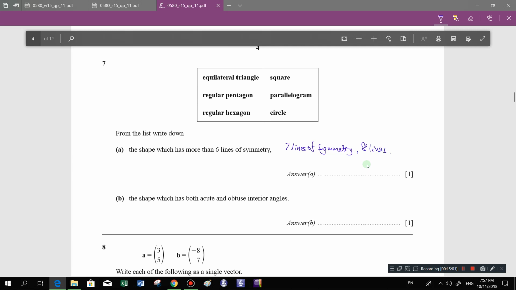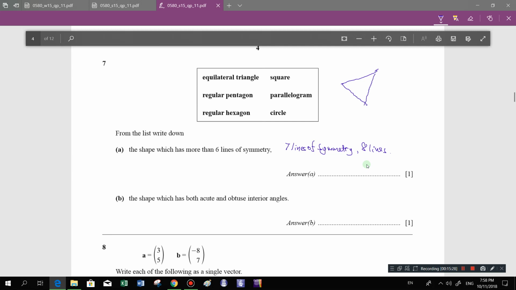Now, equilateral basically is a triangle with 3 sides equal. So let's draw it out. Now what are the lines of symmetry for equilateral?